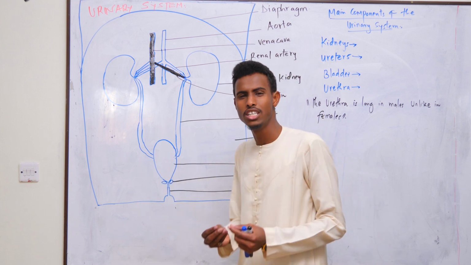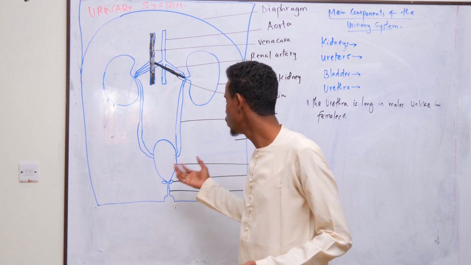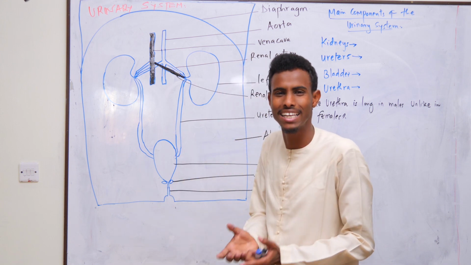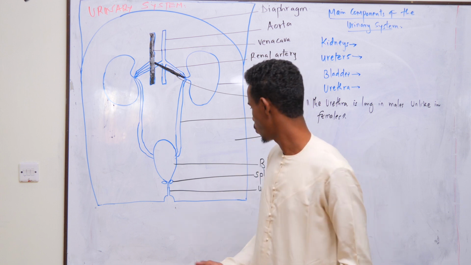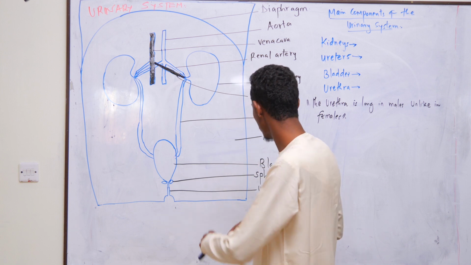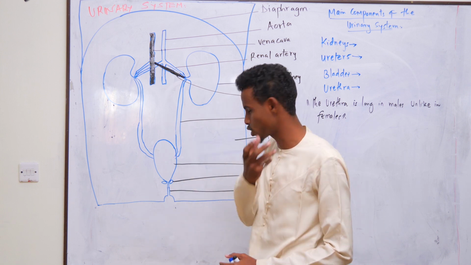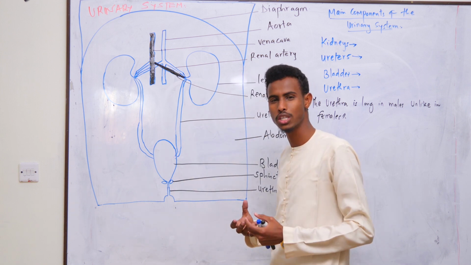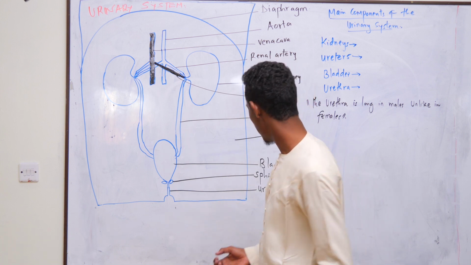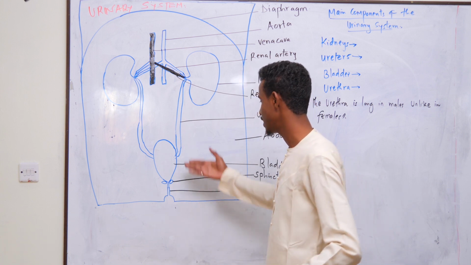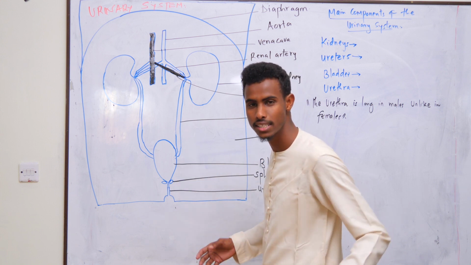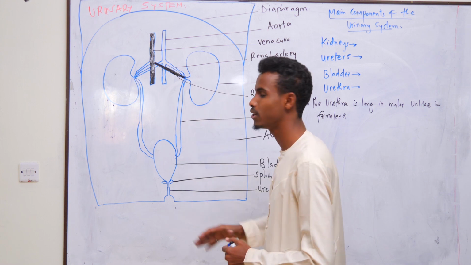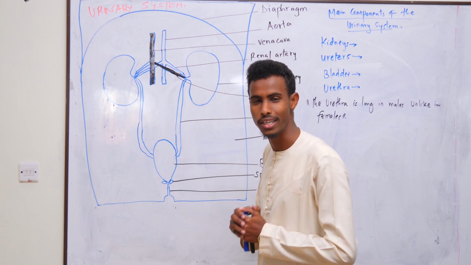The bladder stores the urine temporarily until it is full. What follows when the bladder is full? As you can see here, we have the sphincter muscles. The sphincter muscles relax, and once they relax, the urine is expelled from the body. That is briefly about the main components of the urinary system.